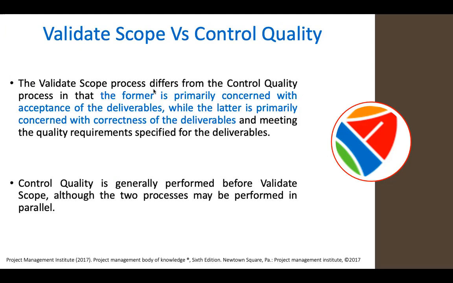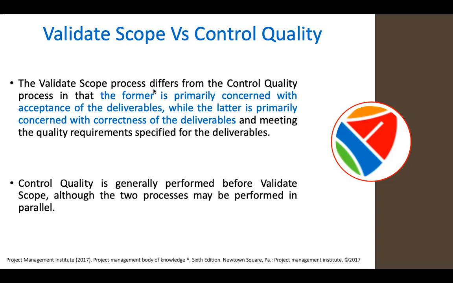Okay, so validate scope versus control quality. The validate scope process differs from the control quality process in that the former is primarily concerned with acceptance of the deliverables, while control quality is primarily concerned with correctness of the deliverables and meeting the quality requirements specified for the deliverables.